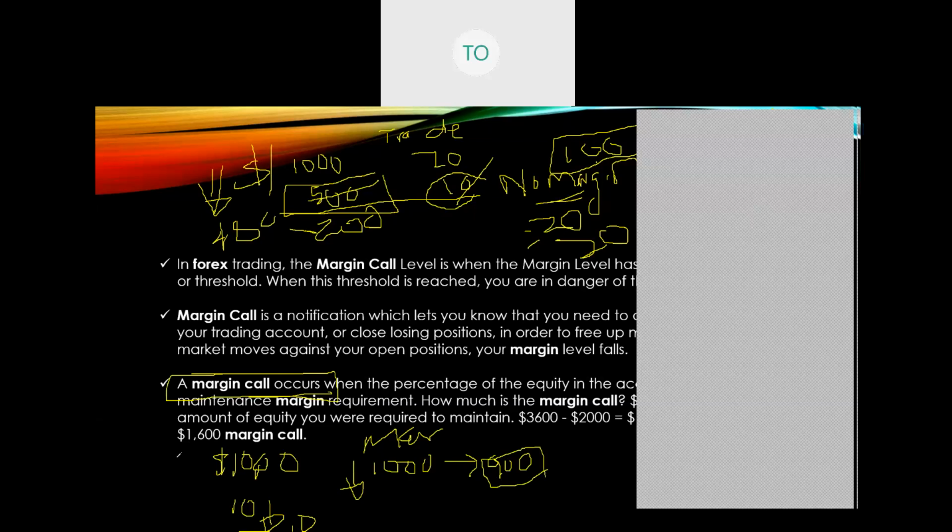As your trades continue losing, remember your balance is still showing 1,000. That's okay. But the trades are still on, they're still running. So you find that slowly you go down to minus 500, which means if you were to kill your trades at that point in time, this minus 500 will have to be deducted from your capital of 1,000.